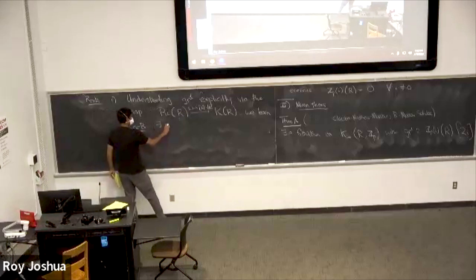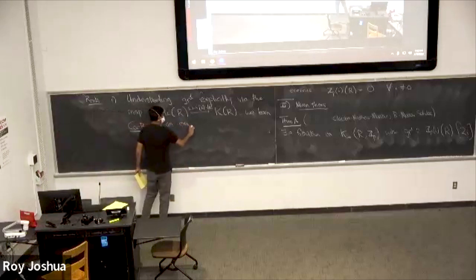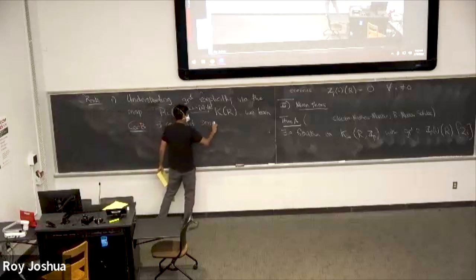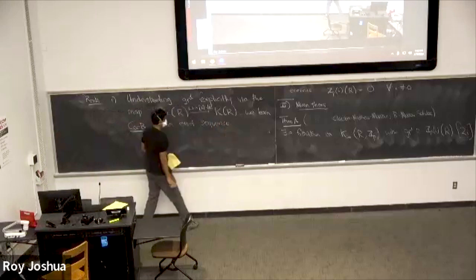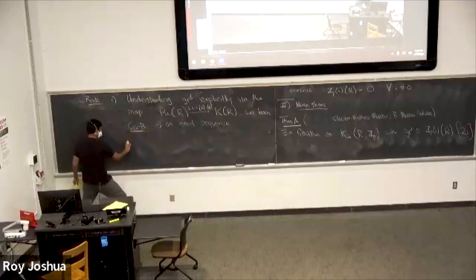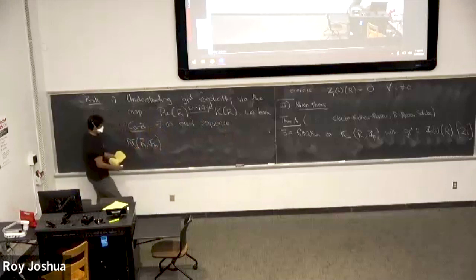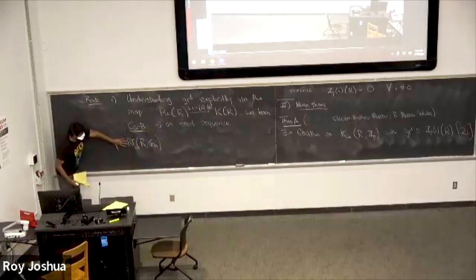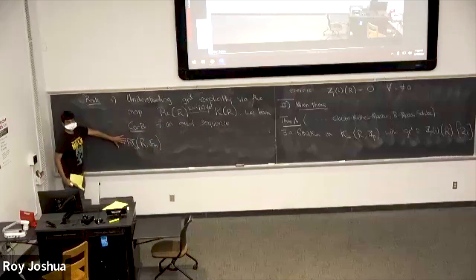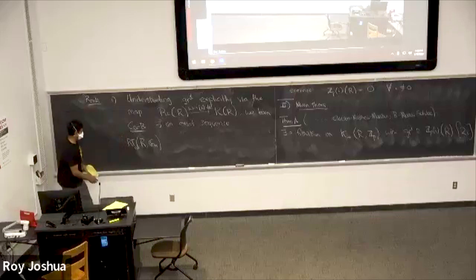So there exists an exact sequence where on the left-hand side you have, so I'll write it formally, the étale cohomology of R with coefficients in G_m, so the multiplicative group. This is some cohomology theory whose zeroth cohomology group is the units of R. The first cohomology group is the Picard group of R. The second cohomology group is the Brauer group of R. And then things become out of control.